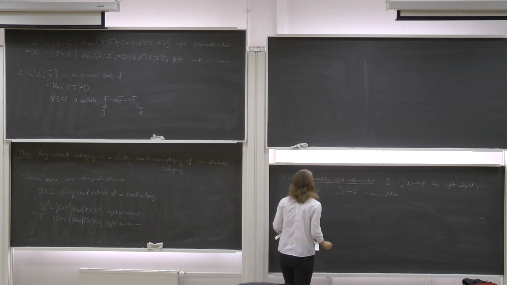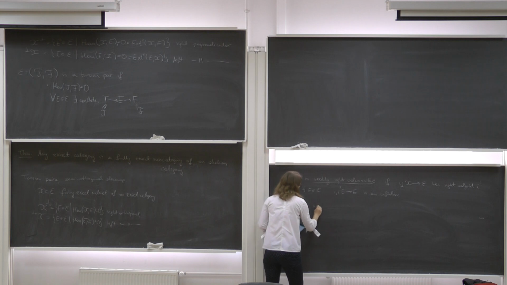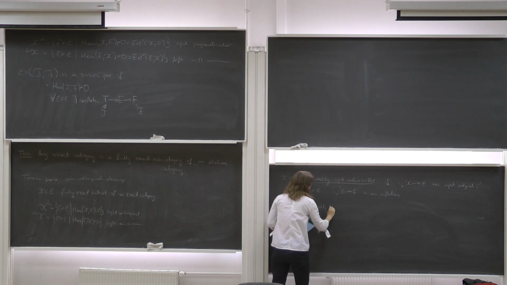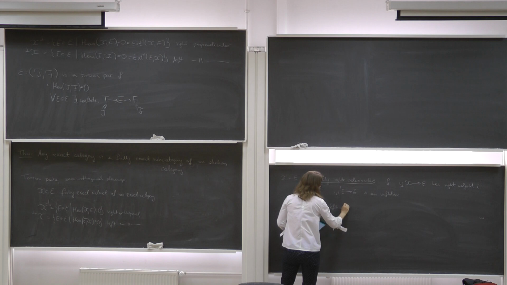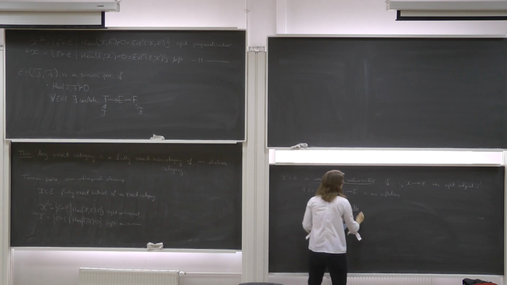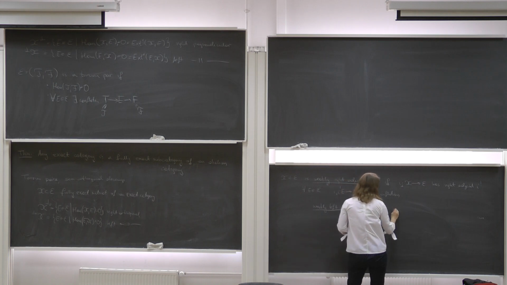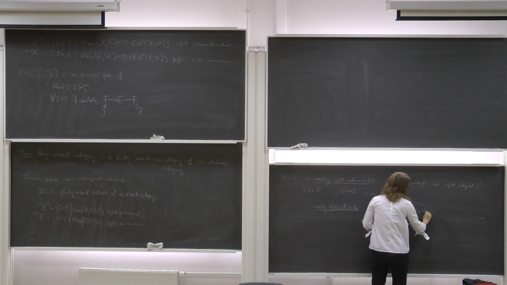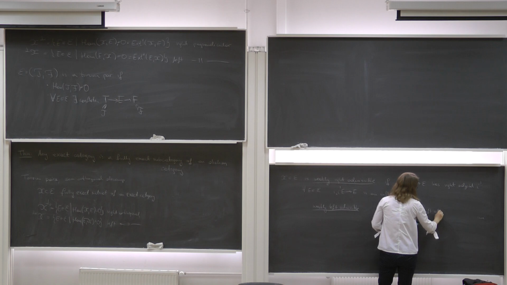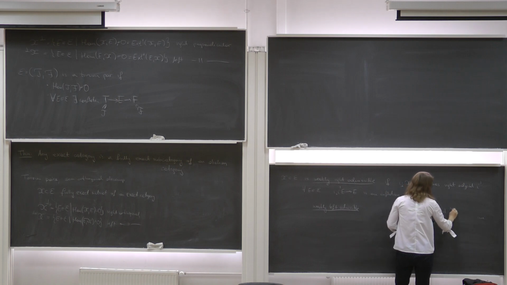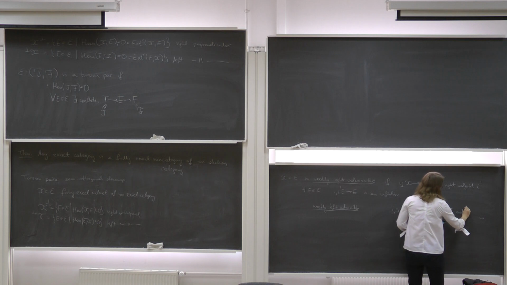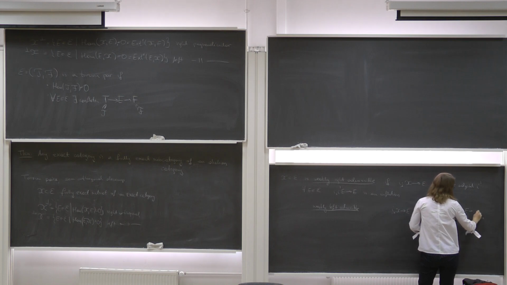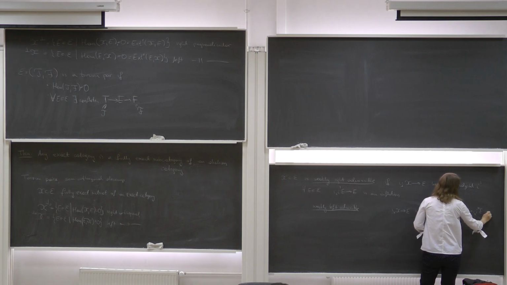And then it is weakly left admissible if the embedding functor has a left adjoint i^*, and the unit is a deflation.